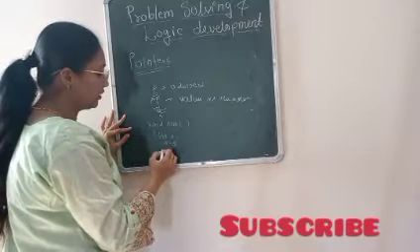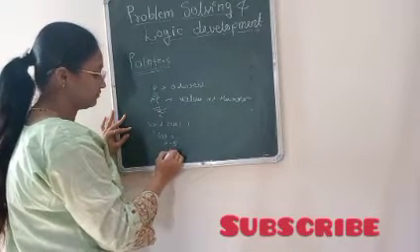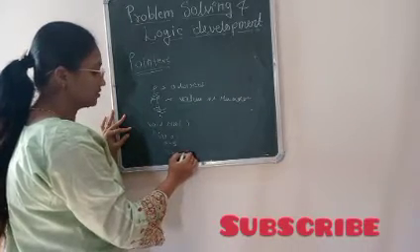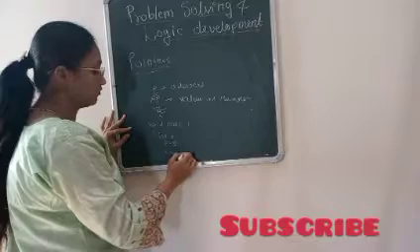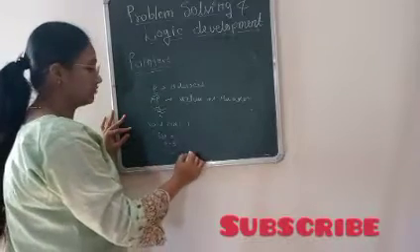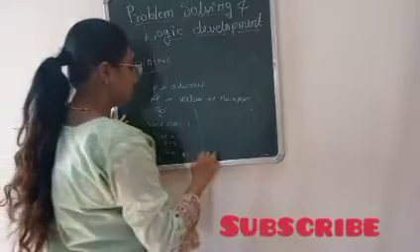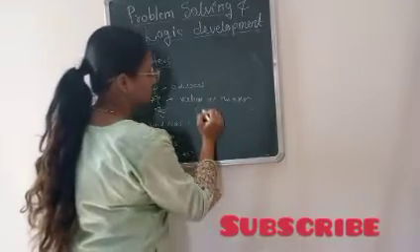How to do it? I am calling function 2 and passing it the value of a. It's a function call.